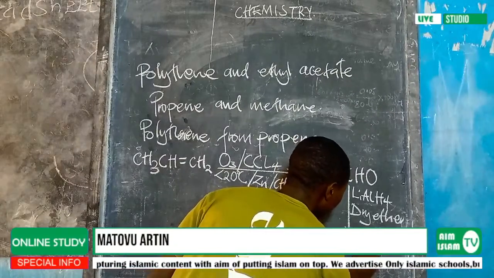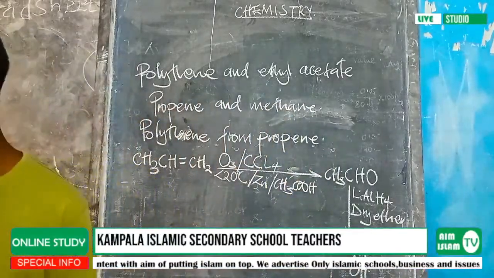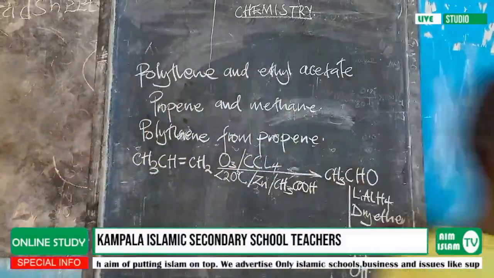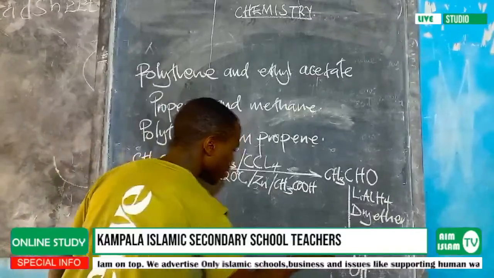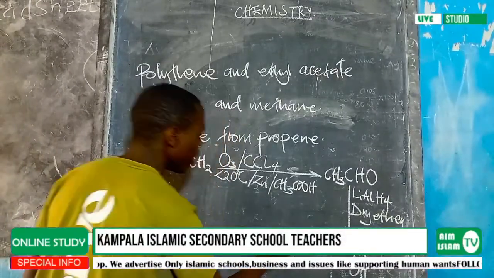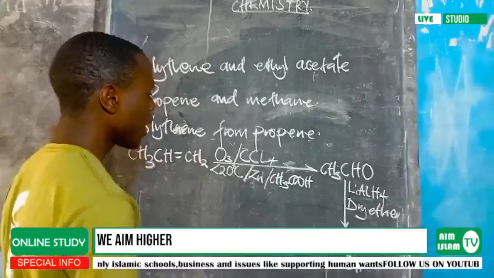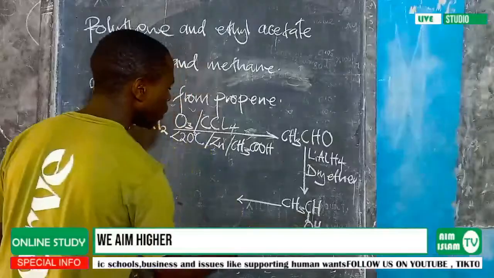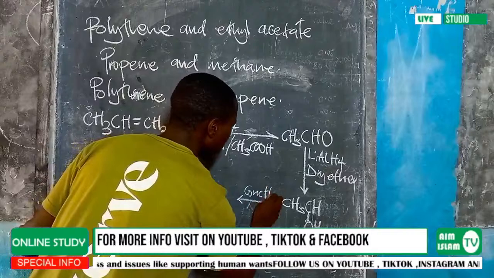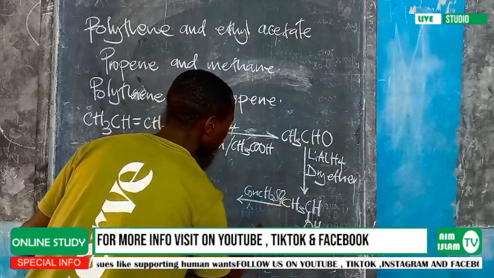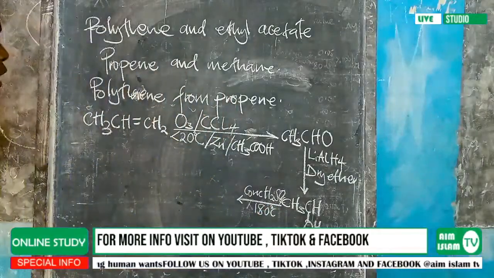So ethanol is there, but still I don't want this. Let me reduce this one by a process called dehydration, removing the water molecule by addition of sulfuric acid at a temperature of 180 or 170 degrees.